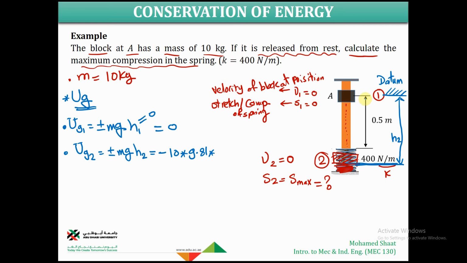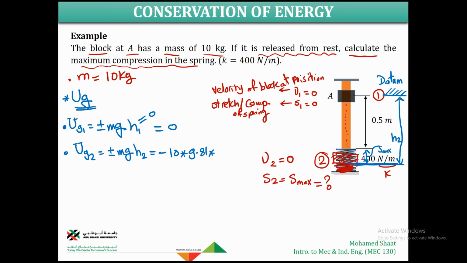This distance was given from the object to the top surface of the spring, to the instant that the box is going to touch the spring. But the object is going to keep on descending, keep on pushing down. It means that h2 is bigger than 0.5. The difference between h2 and 0.5 is this distance, S2, which is S maximum. This is the maximum compression in the spring.